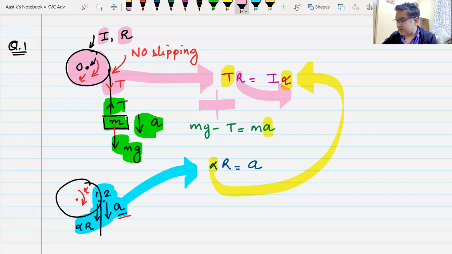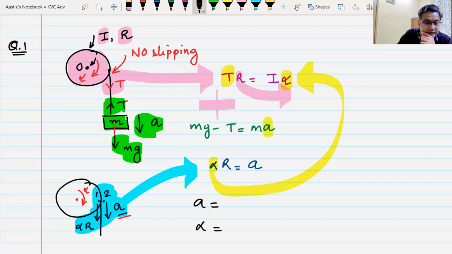Can you tell me the value of A and alpha? What is the value of A and alpha? I'll give you 1 minute. I think 1 minute is good enough to solve this.